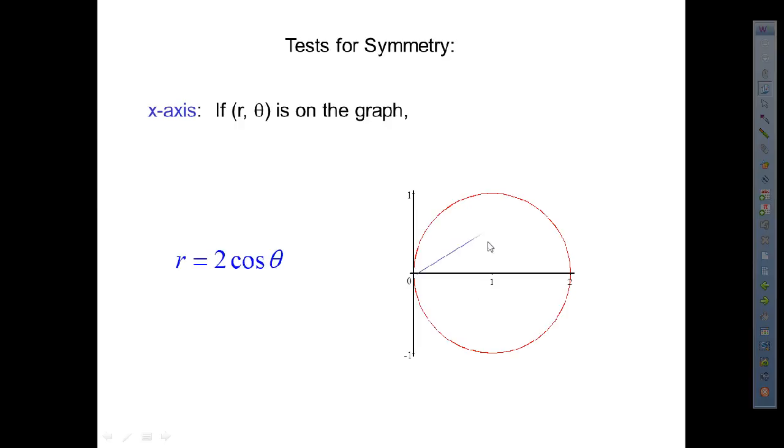All right, and then we have tests for symmetry. There's a lot of symmetry that goes on in polar graphs, and we're going to see quite a few of them when we talk about some of the different types of polar graphs that we're going to run into. But some tests for symmetry. If it has symmetry above the x-axis, it says if r, theta is on the graph, so is r, negative theta.